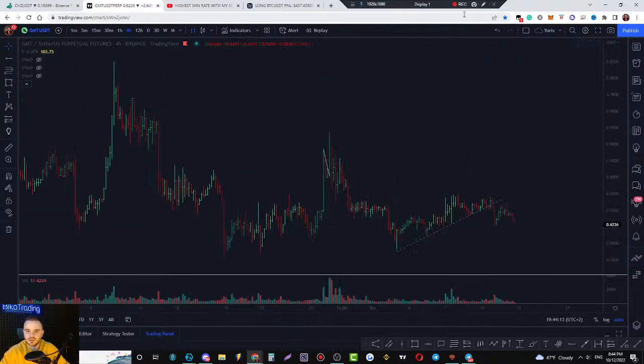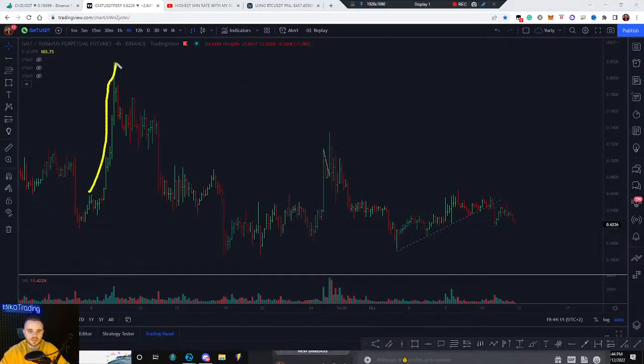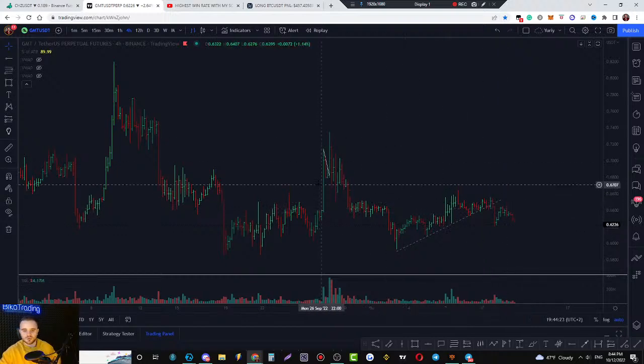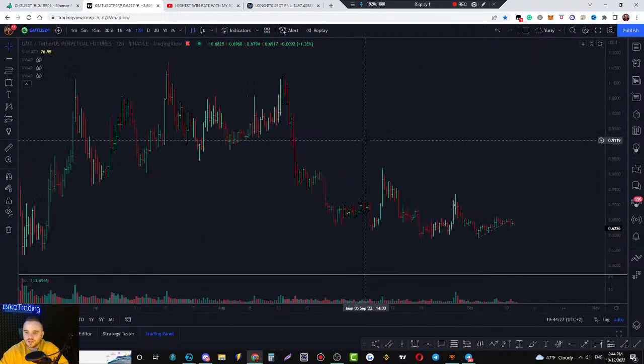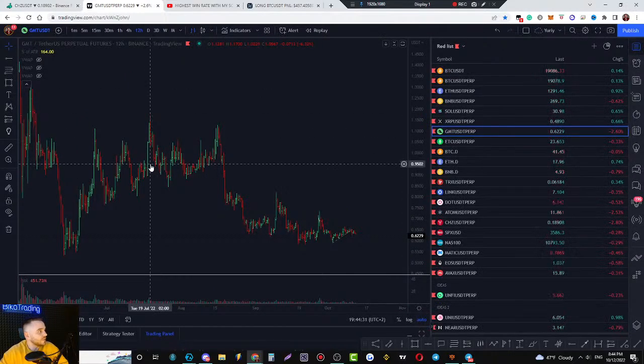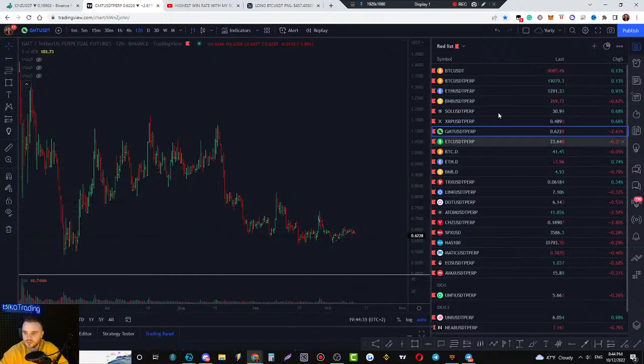When you see that a spike happened and finally price creates some range from this area, it's time to consider taking a short, because this one is going to die. They even fired many workers and something like that. Without a bull market, such a project like this one is going to die.